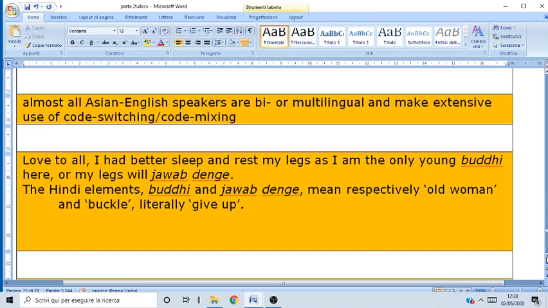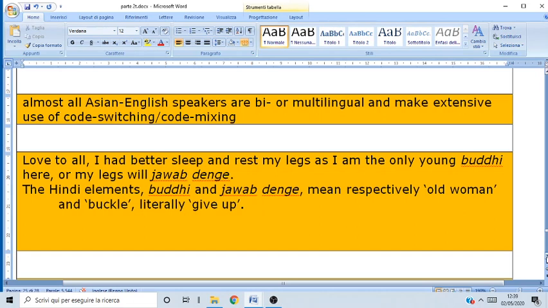Okay? Let me give you some examples from Asian Englishes. "Love to all, I had better sleep and rest my legs, as I am the only young Buddhi here. Or my legs will jawab denje." Sorry for the pronunciation, that is of course not that. So what's going on here?